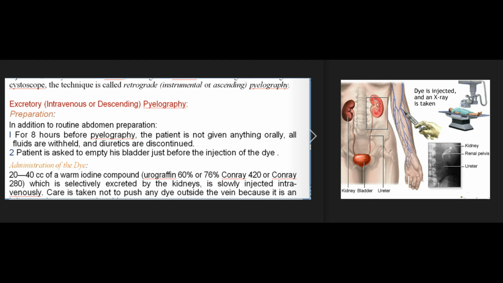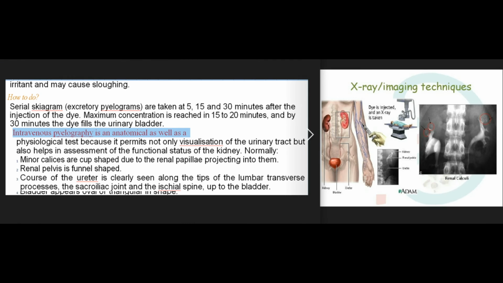Administration of the dye: 20-40 cc of a warm iodine compound, Urografin 60% or 76%, Conray 420 or Conray 280, which is selectively excreted by the kidneys, is slowly injected intravenously. Care is taken not to push any dye outside the vein because it is an irritant and may cause sloughing.